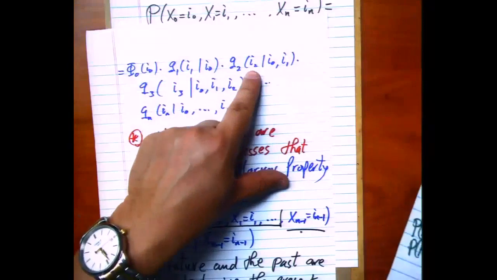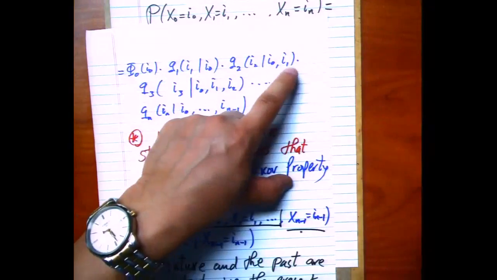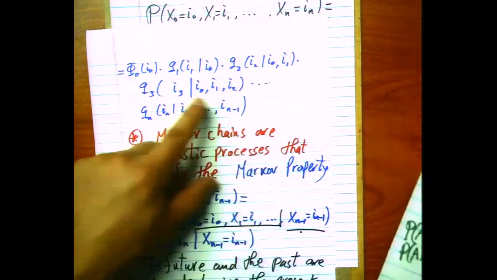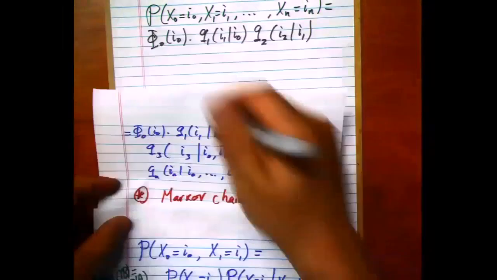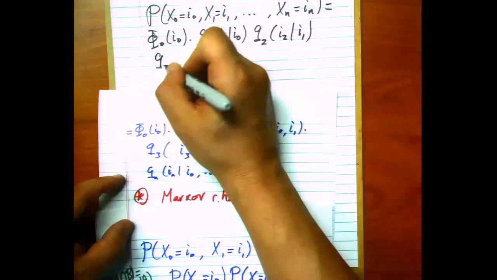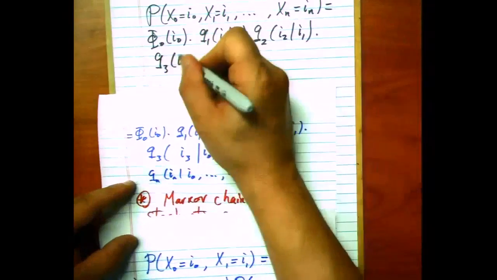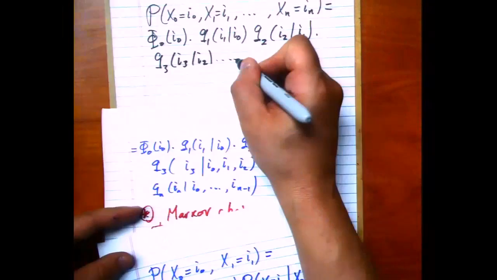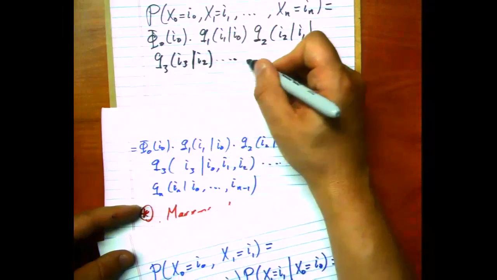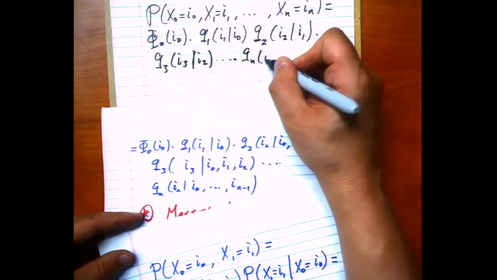Only the present that matters. Here the present is I2. Ignore the past, so it becomes Q3 of I3 given I2. I ignored the past, I0 and I1, and do the same thing over and over and over, times till Qn of In, given it was an In minus 1.